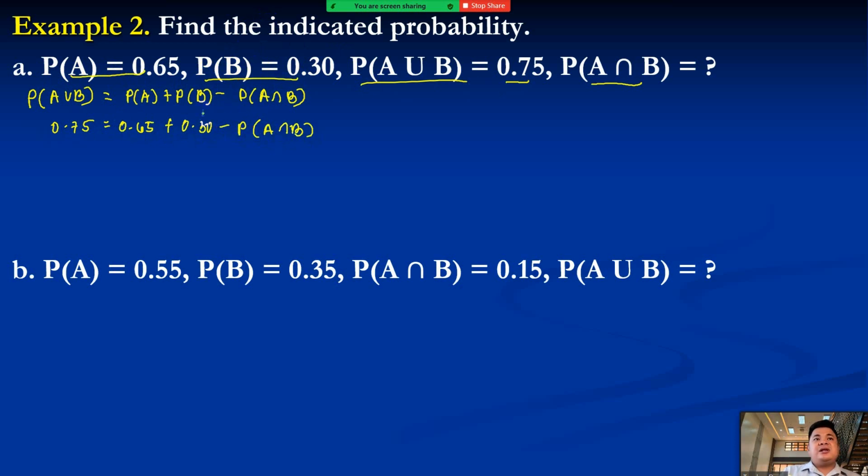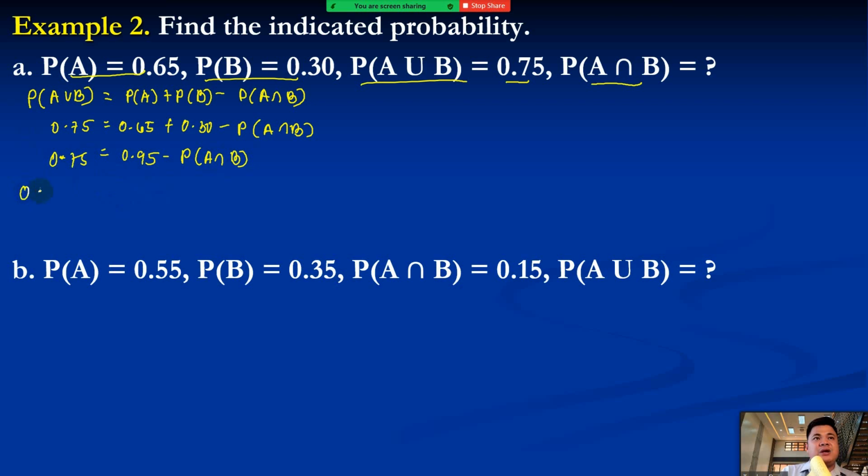Let's just apply some algebraic techniques to solve for this. First we add 0.65 plus 0.30, which is 0.95, minus the probability of A intersection B equals 0.75. Then we transpose 0.95 to the right side so we can combine similar terms.